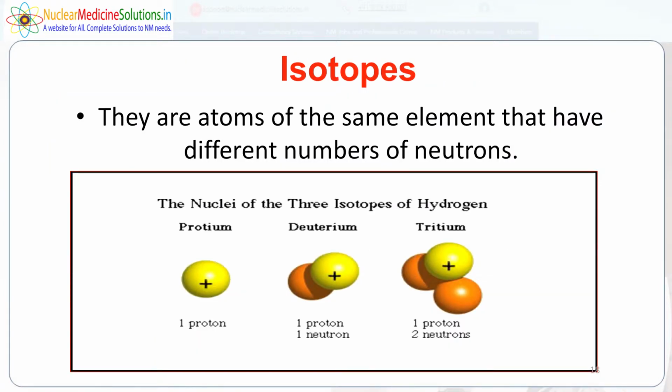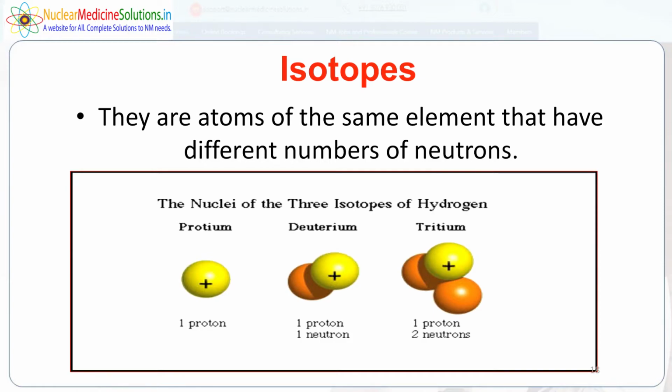Now, there are three different isotopes. What are isotopes? They are atoms of the same element that have different numbers of neutrons. Like we talk about three different isotopes of hydrogen. One is protium, second is deuterium, and third is tritium.